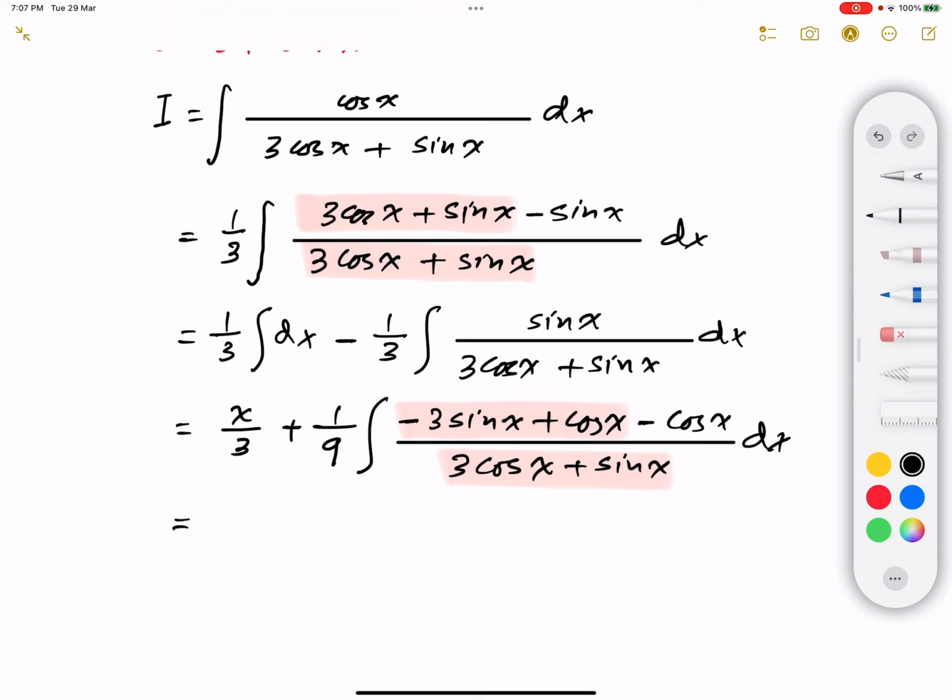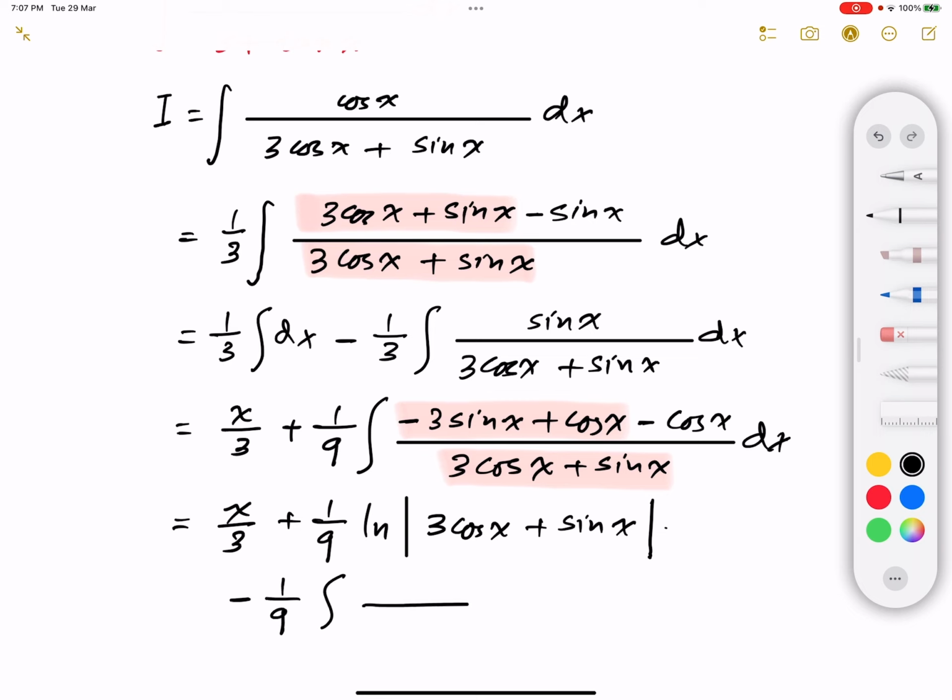So that would give us x by 3 plus 1/9 the natural logarithm of the absolute value of the denominator, which is 3 cosine x plus sine x, and then what is left is going to be minus 1/9 after distributing the 1/9, okay, over the integral of cosine x over the same exact denominator, which is 3 cosine x plus sine x dx.